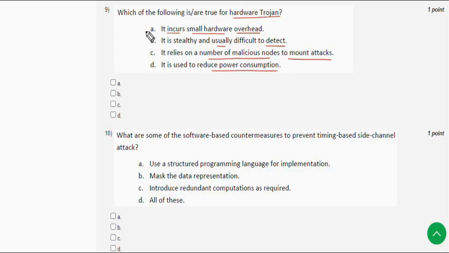So here option A and B will be the answer. So I select A and B.